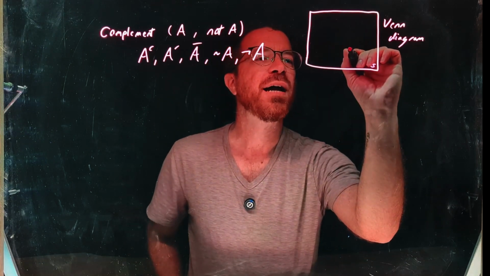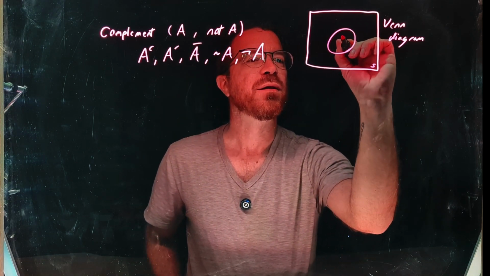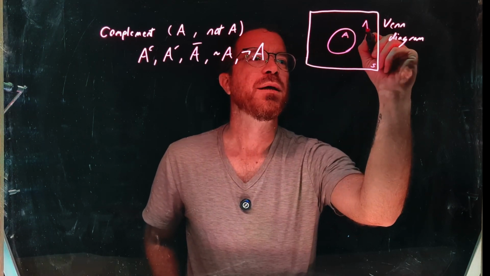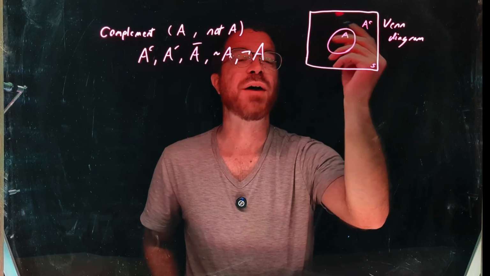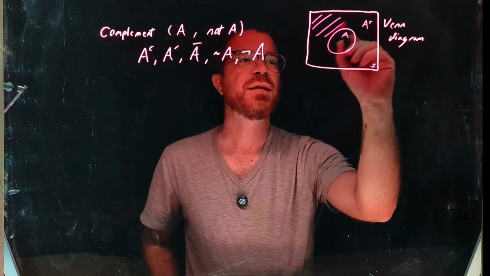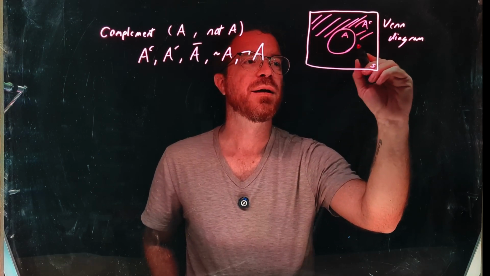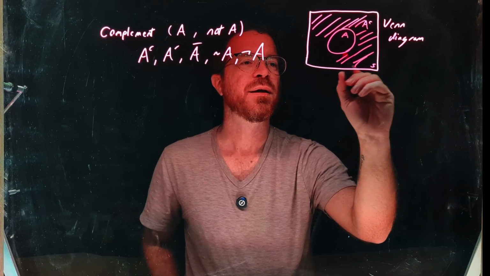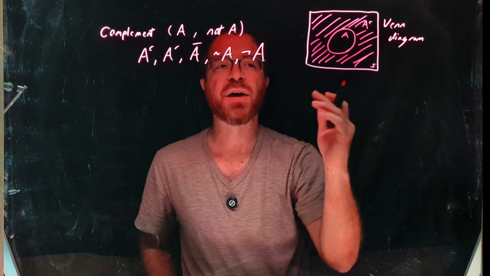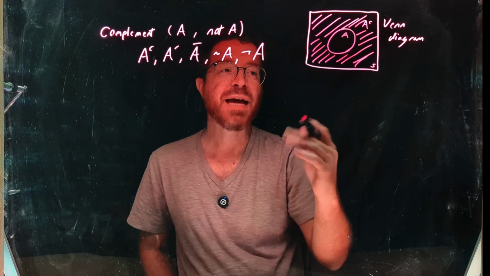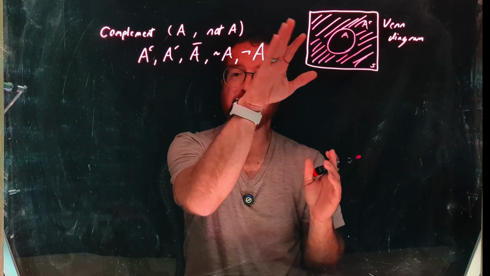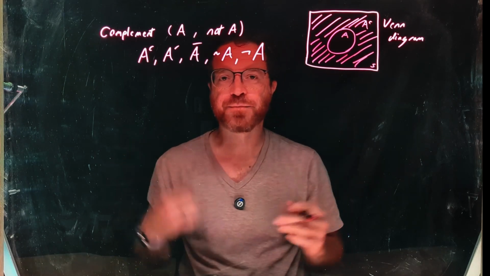So if I have some set in here, this is A, then everything that falls outside of that will be not A. So if I were asking for what is in not A, it would be everything in the sample space that is not within A. Now, if I were asking you for what is A, I would just highlight what's within A and leave everything else around it blank.